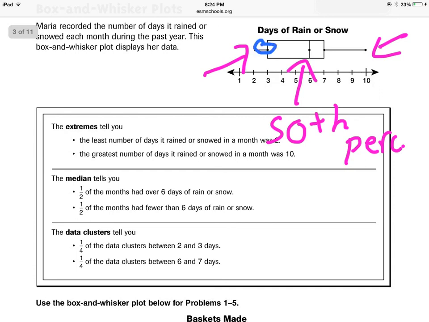All right, and 1/4 of the data clusters between 6 and 7 days. So again, each little part of the box and whisker plot is 25% of the data. That's important. All right, so in this case, if they asked you a question, you would say that it's more spread out from 7 to 10, and it's clustered together between 2 and 3.